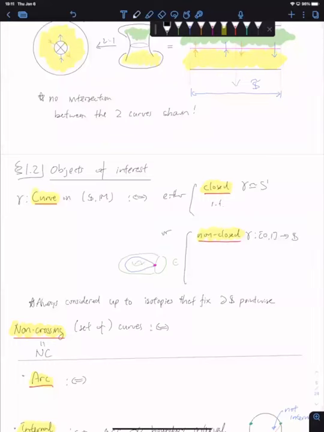It's just a loop or circle, and of course I assume it is non-contractible, and I also assume it does not intersect the boundary, so the intersection with the boundary is nothing.